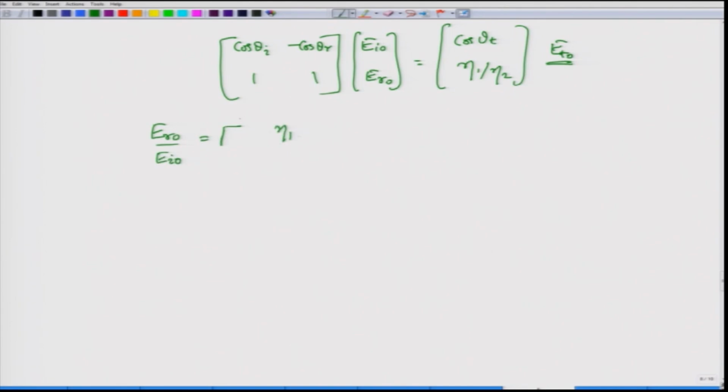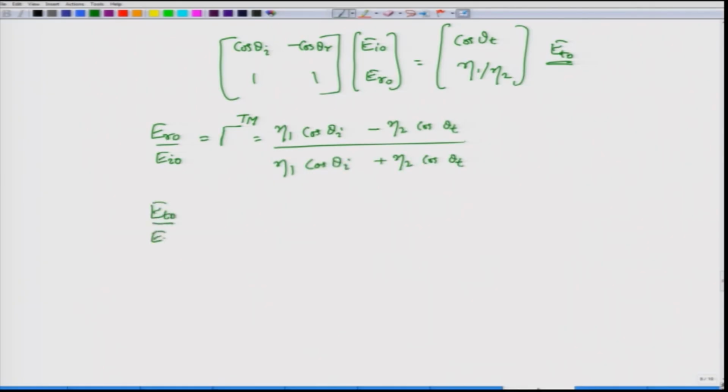Gamma denotes the reflection coefficient, and since this is the TM case, we have denoted gamma with a TM superscript, right. This is for the transverse magnetic case, and this will be equal to eta 1 cos theta I minus eta 2 cos theta t divided by eta 1 cos theta I plus eta 2 cos theta t.